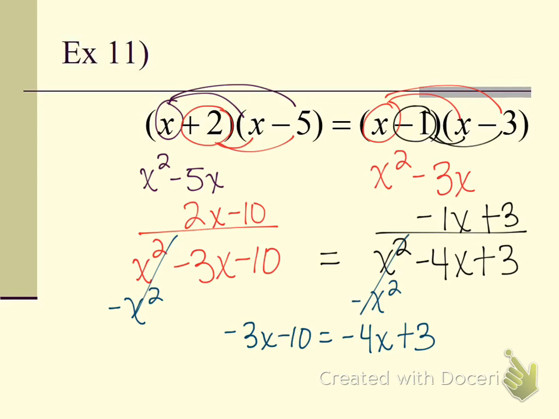If I want all my x's to be on the left side, what do I need to do to move or get rid of this minus 4x? Careful. Add 10. Whoa. We're doing the x's right now. Add 4x. Add 4x. So we would have 1x minus 10 equals, what's still on the other side? 3.